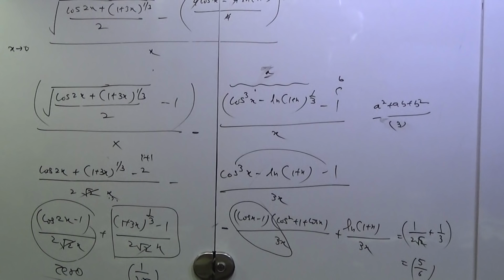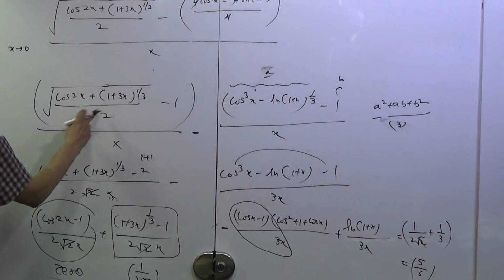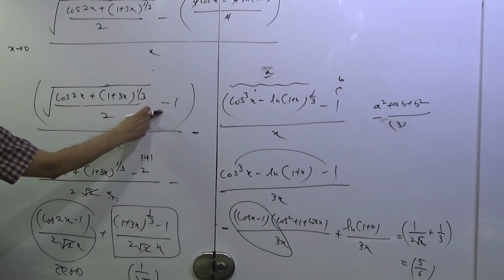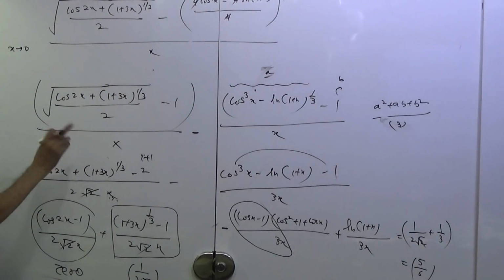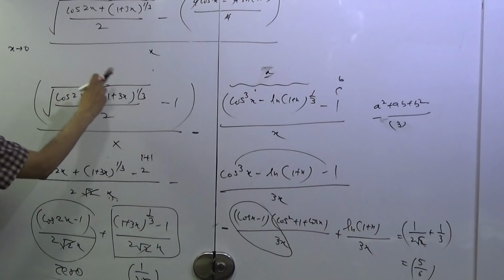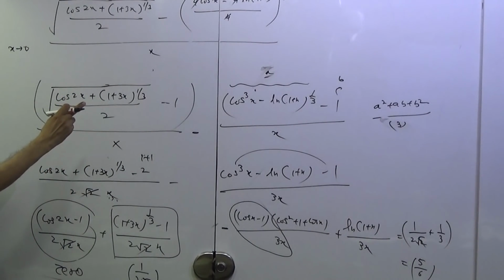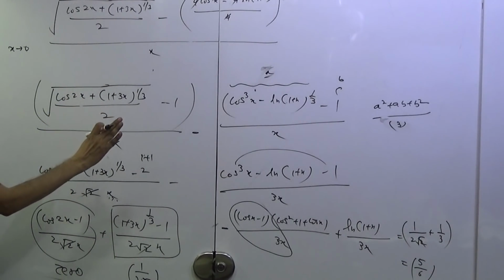We have to check this mistake. Sir, I think it should be 1/4 there. One second, I'm checking. When we are rationalizing this, rationalization in the numerator is fine. Rationalizing the denominator, we have only x over here.